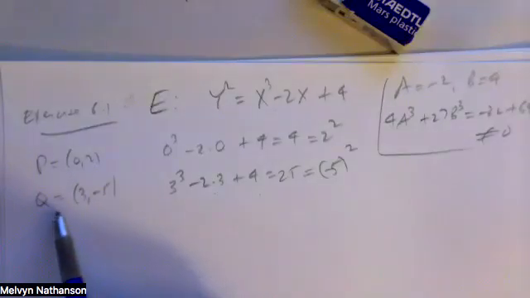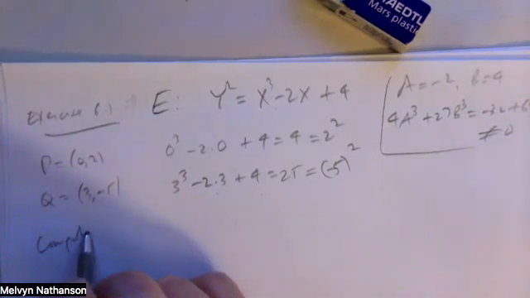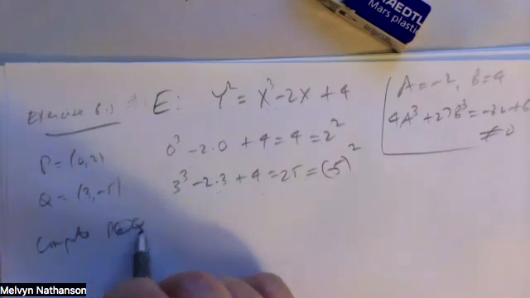So the point (3, minus 5) definitely satisfies this equation. And we want to compute P plus Q.